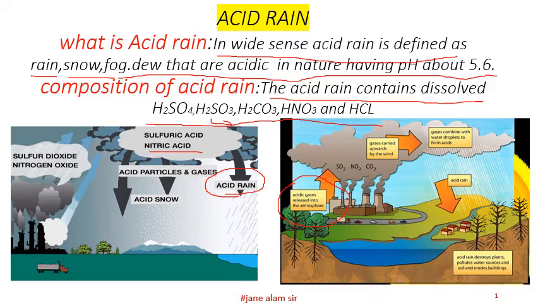These gases are carried upward by the wind, and the gases combine with water droplets to form acid, and these come to the earth as acid rain. Acid rain destroys the plants, pollutes water sources and soil, and erodes buildings, sculptures, etc.